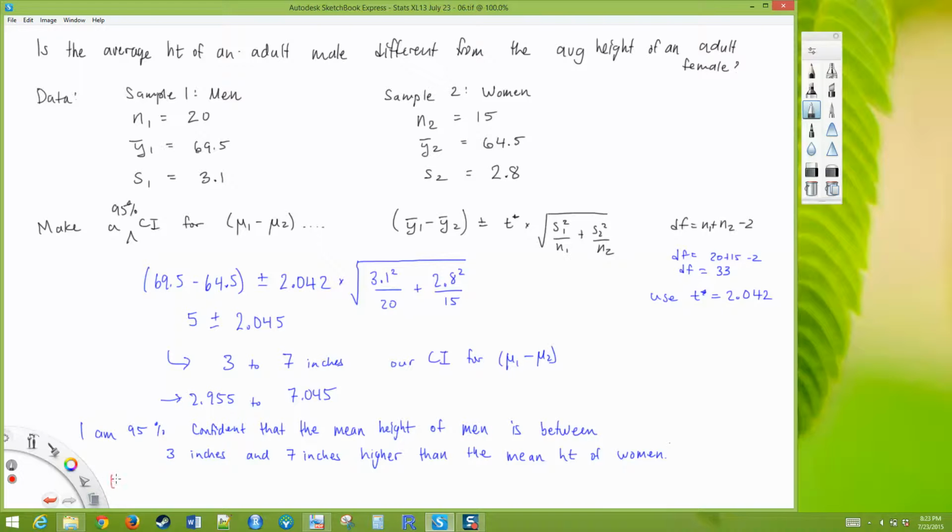Our confidence interval does not contain 0, so it provides evidence that mu1 and mu2 are different.